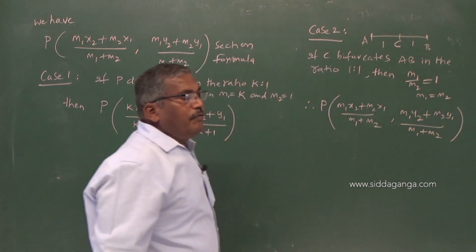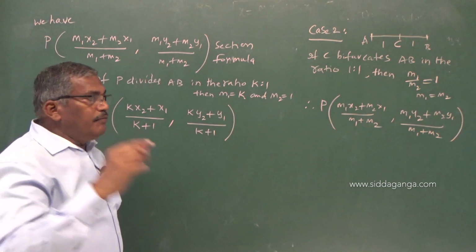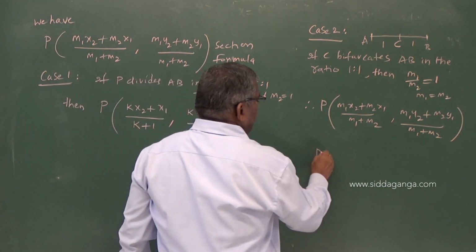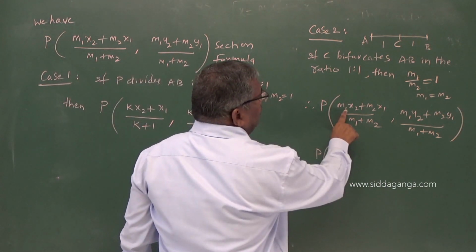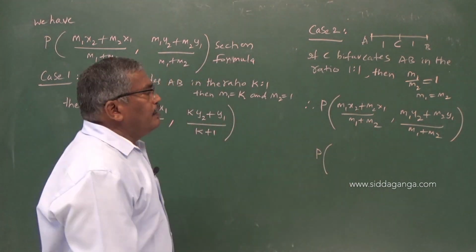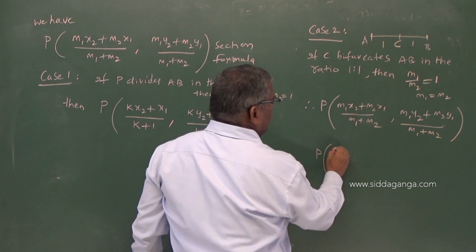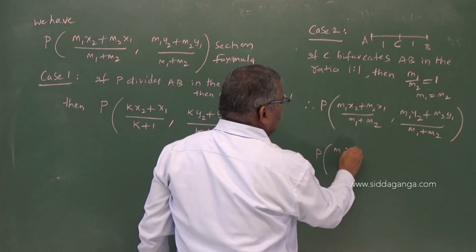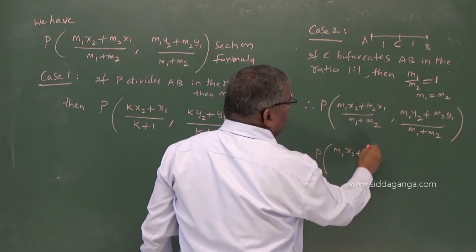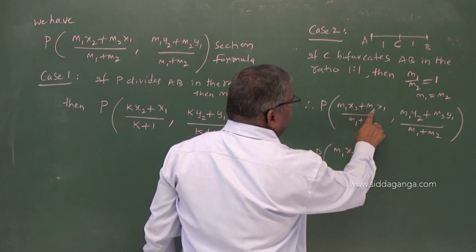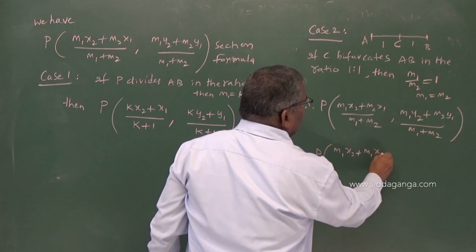This is the original formula. When M1 equals M2, you can see here, M1 x2 plus M1 x1, because both are the same.